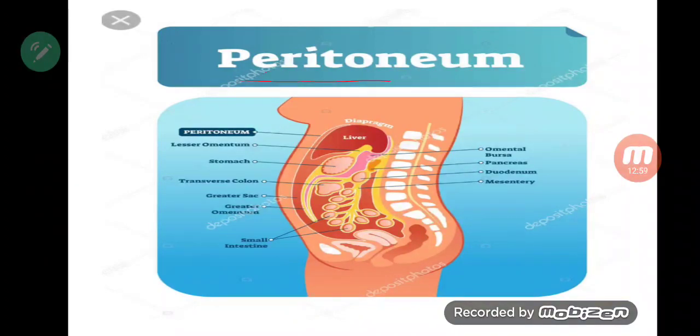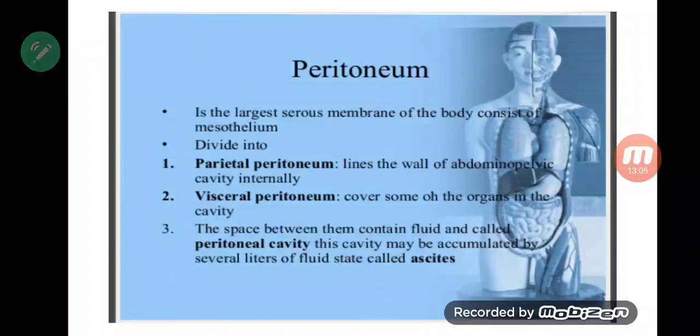The peritoneum is the membrane which protects the abdominal wall. We have parietal peritoneum and visceral peritoneum. The parietal peritoneum lines the wall of the abdominopelvic cavity internally, and the visceral peritoneum covers some of the organs in the cavity.